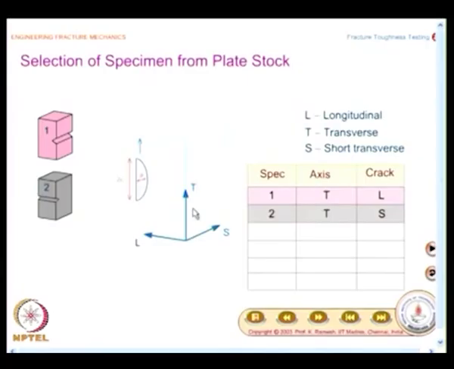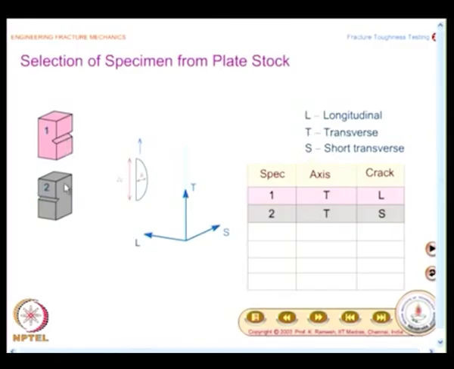I have mentioned that in fracture mechanics, the material anisotropy is addressed even in material testing, and I had already shown how to select a specimen from plate stock. The idea is to emphasize that you look at how the properties change along the L, T and S directions.